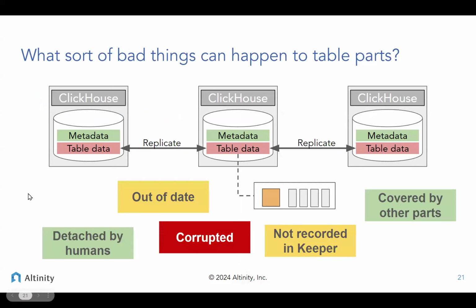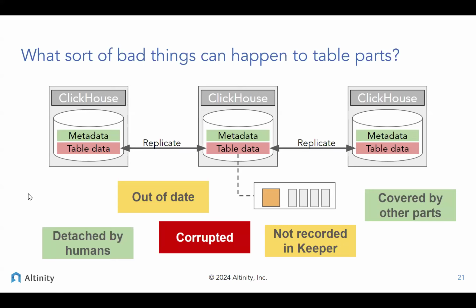So what can happen to it? Well, a bunch of things. It is not uncommon for parts to get detached by humans for some reason or another. You may be moving them, for example, or you may decide that you don't need that part, or there are various other reasons why they could be removed. Another thing is you could have a part which is just left over from a merge operation.